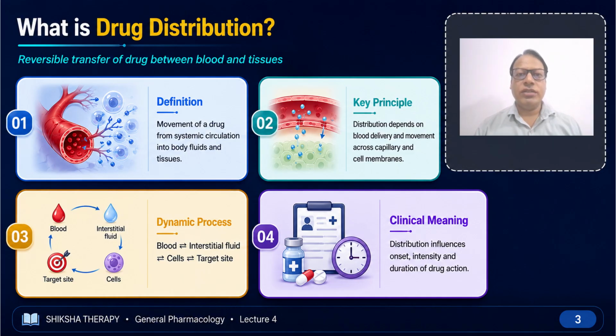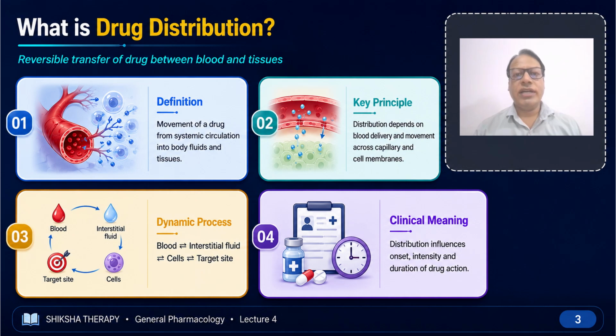Drug distribution is the reversible transfer of a drug between blood and tissue. In simple words, once a drug enters systemic circulation, it moves from blood into interstitial fluid, cells, and finally towards the target site. The process is dynamic and reversible.